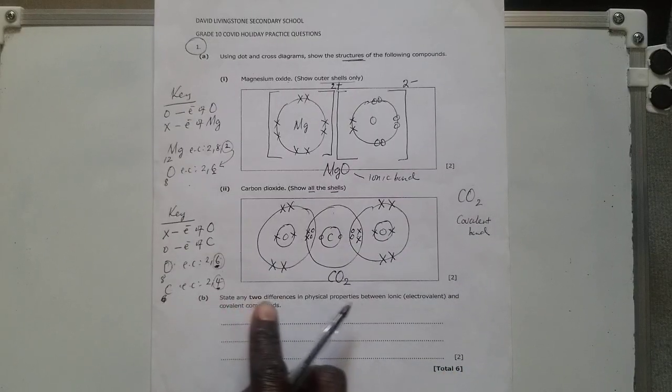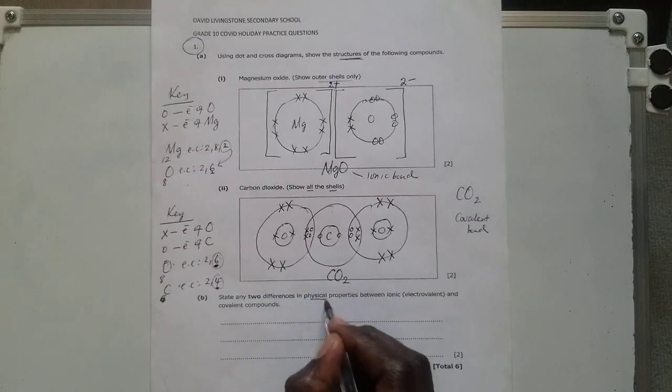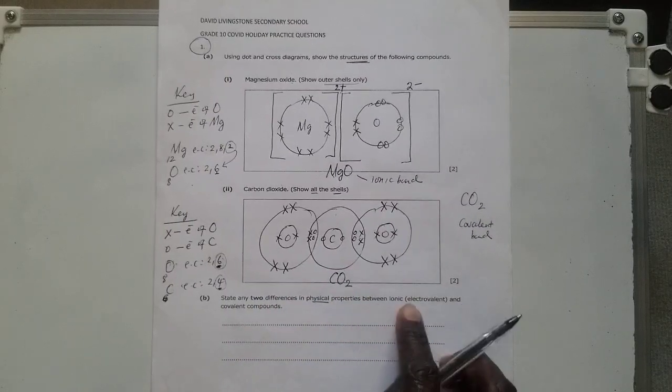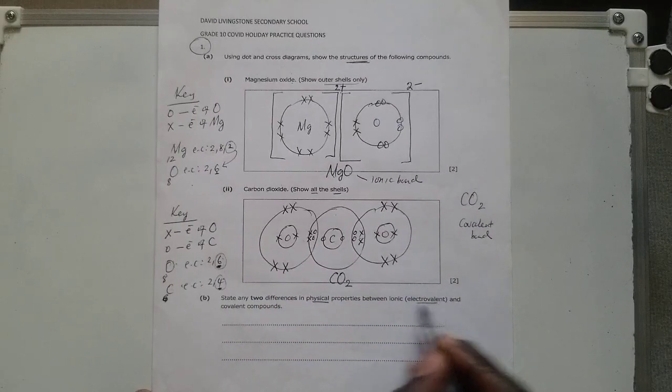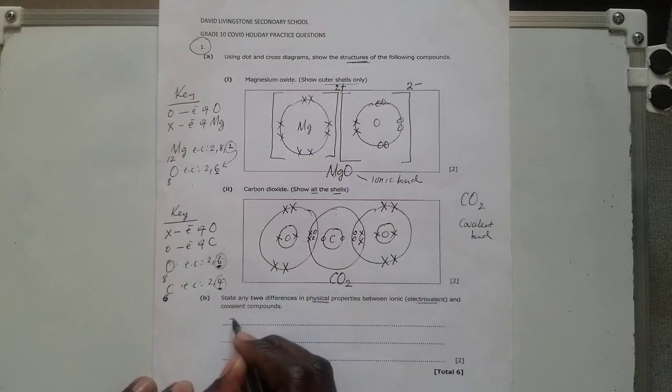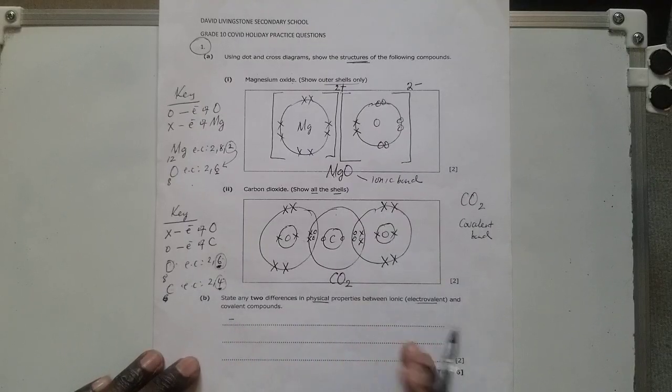Then it says, state any 2 differences in physical properties between ionic or electrovalent and covalent compounds. So they are simply talking about physical properties.